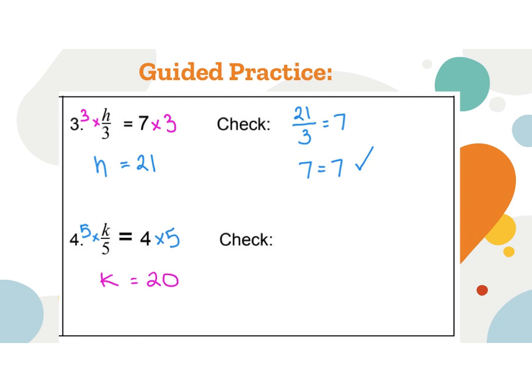So k equals 20. Next, we'll plug in 20 for k into our original equation. 20 divided by 5 is 4. 4 equals 4, so we know we solved this correctly.